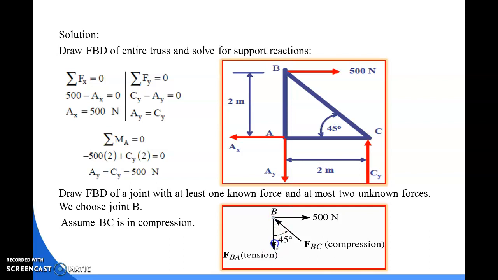This direction represents the BA member, this one represents the horizontal force of 500 Newton, and another member, that is the BC member, is provided here. We assume the BA member in tension and the BC member in compression.